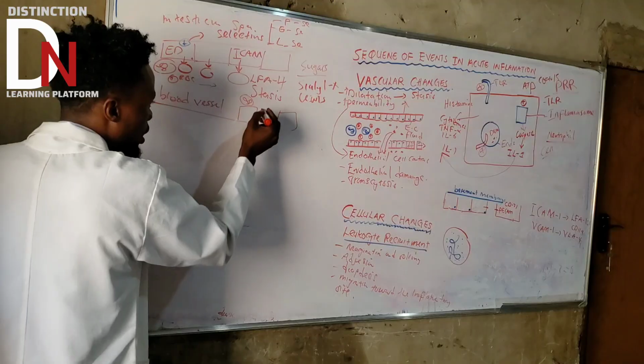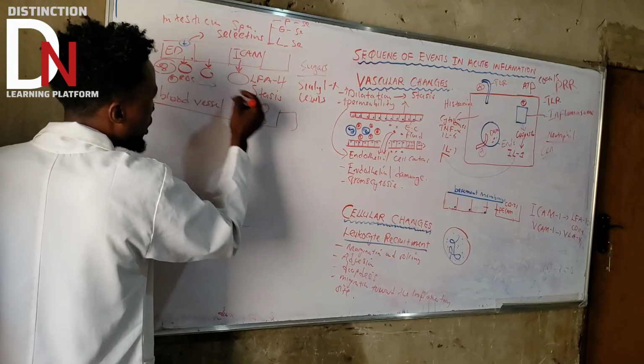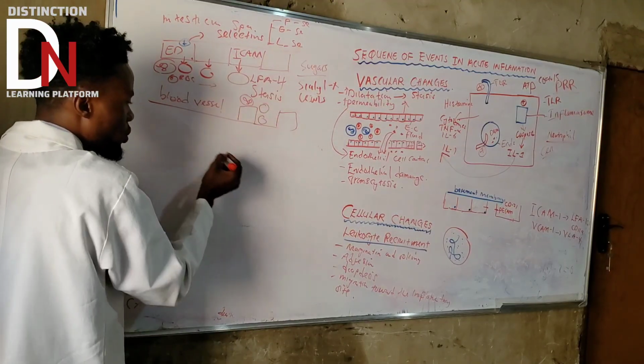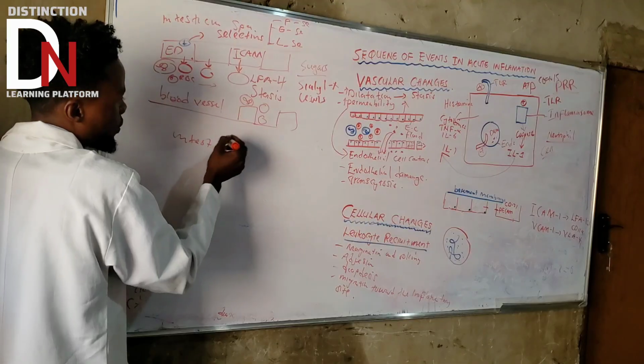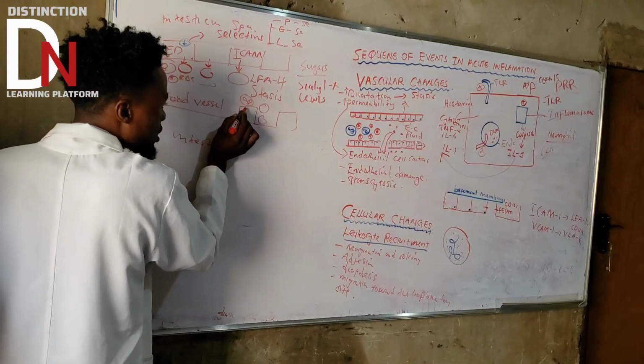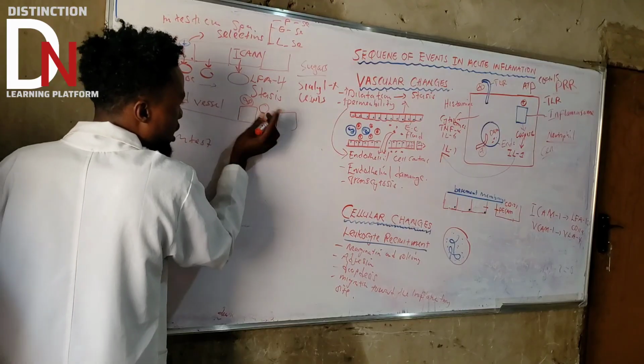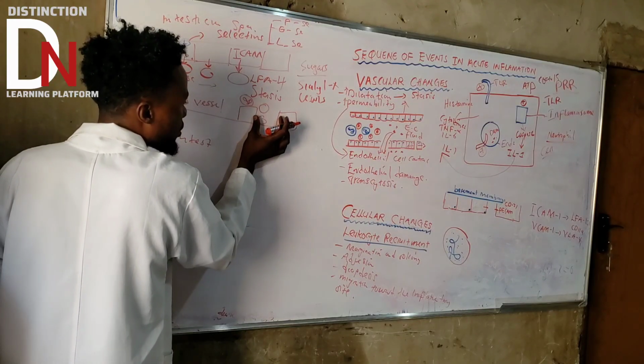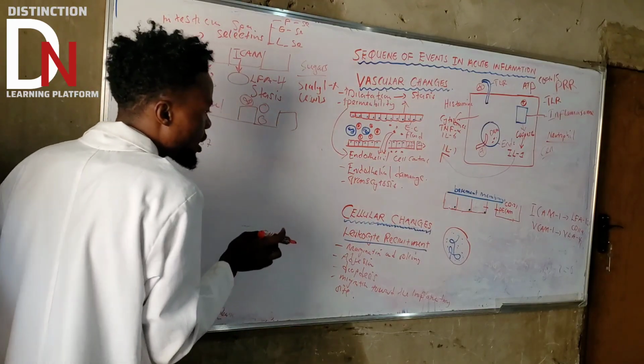This white blood cell has to move out of the blood, going into the interstitial space. So this movement, starting from where it was adhered, moving between the endothelial cells, we call diapedesis.